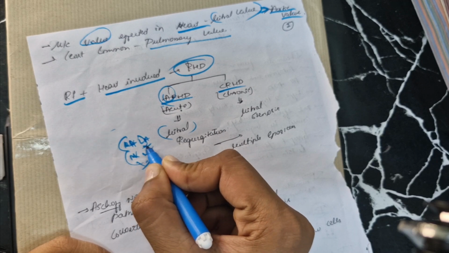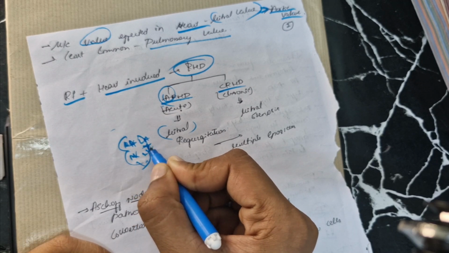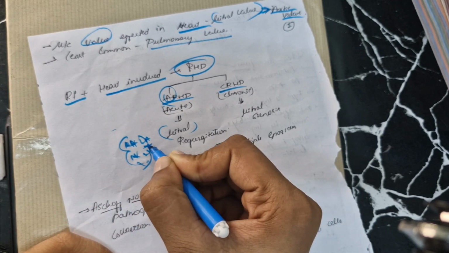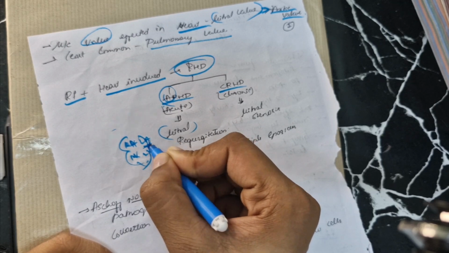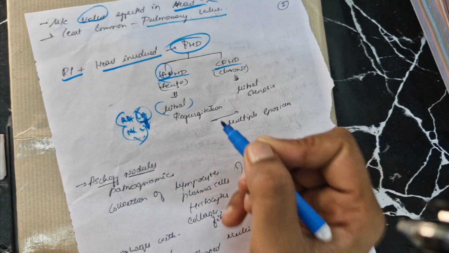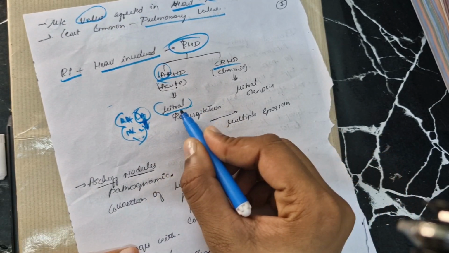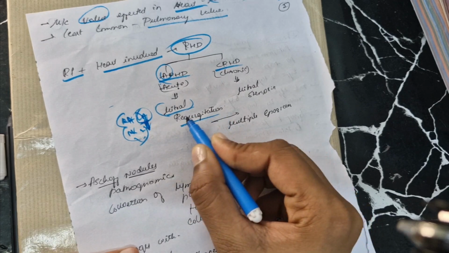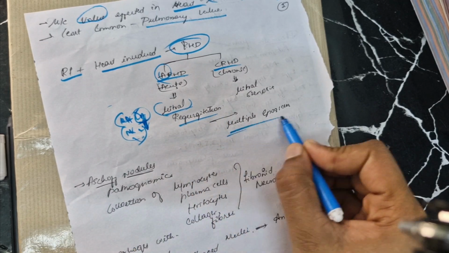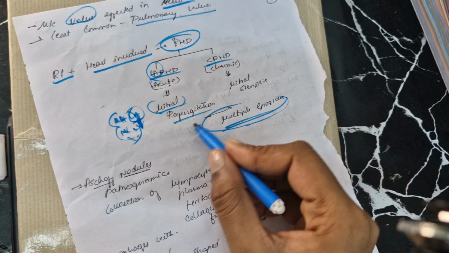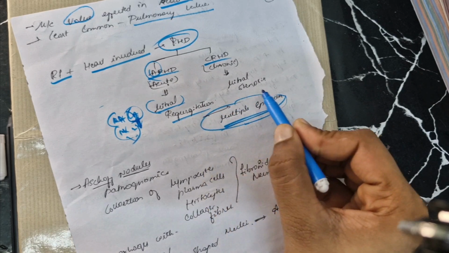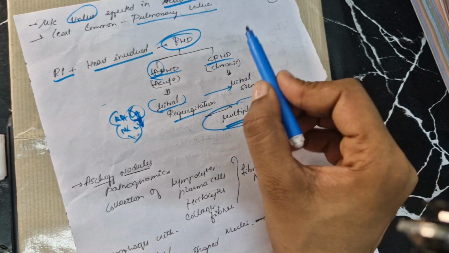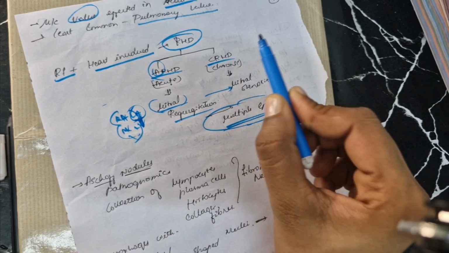Towards the left side there is the mitral valve. If there is incompetency in this valve, there will be regurgitation of blood back into the left atrium, that is mitral regurgitation. Multiple episodes of mitral regurgitation will lead to mitral stenosis. This is known as a chronic condition, chronic rheumatic heart disease.